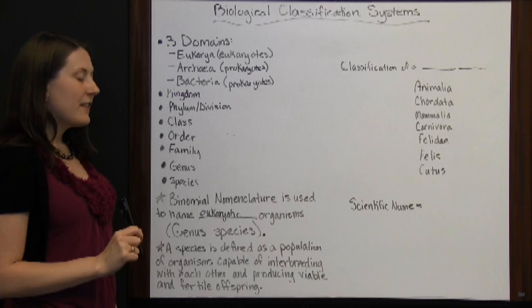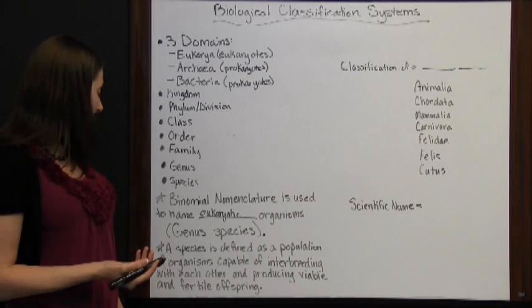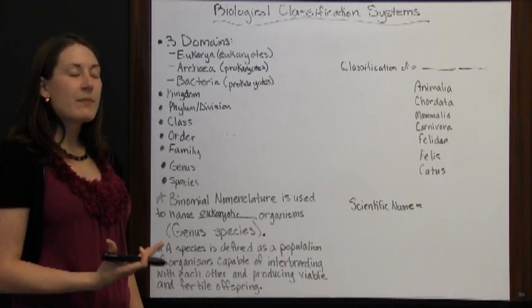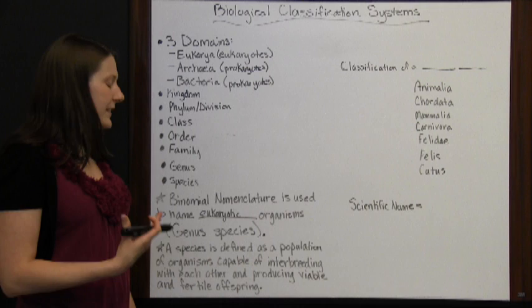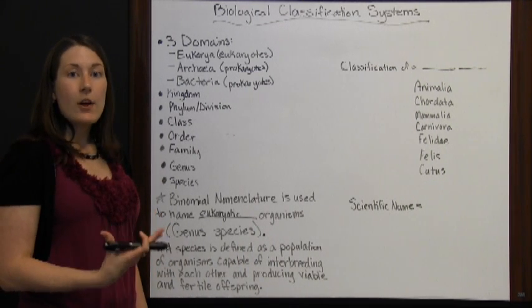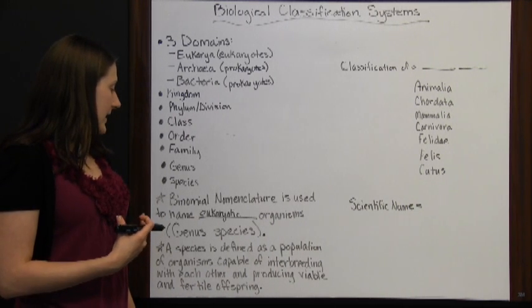A species is defined as a population of organisms capable of interbreeding with each other and producing viable and fertile offspring, which means that they are producing offspring that is both alive and healthy, and it's able to reproduce in itself.